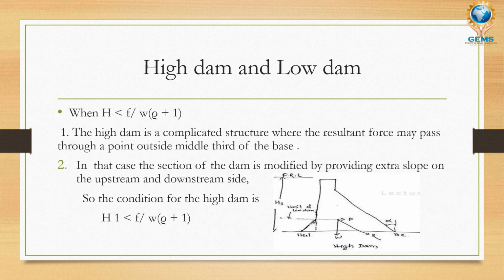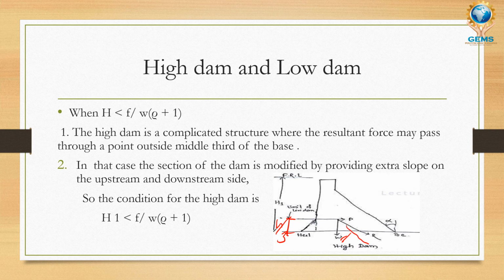On the previous slides, I explained the low dam. In this slide, I am going to explain the high dam. The high dam is totally different from the low dam. In this diagram, the weight W acts up to h by 3 for a low dam. But in this case, you can see the R value, the resultant, for a high dam.